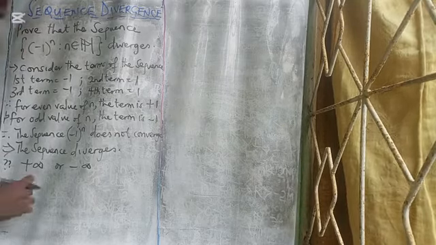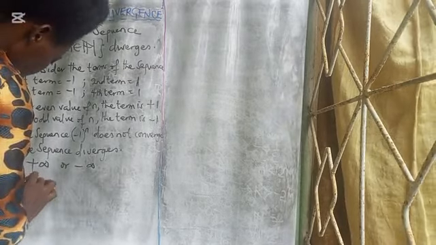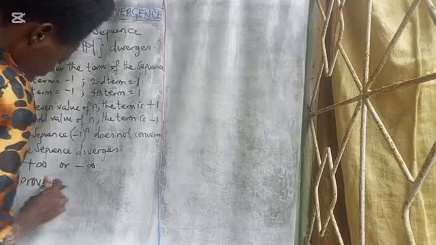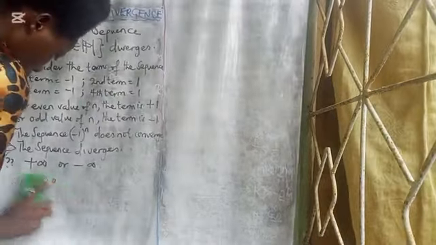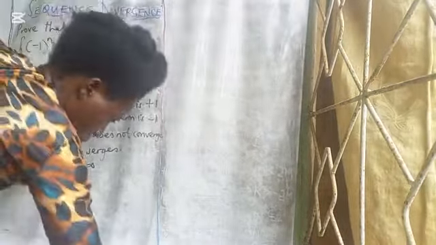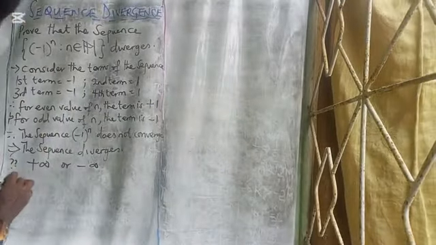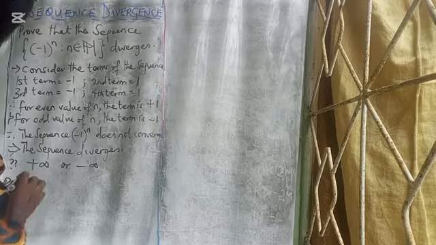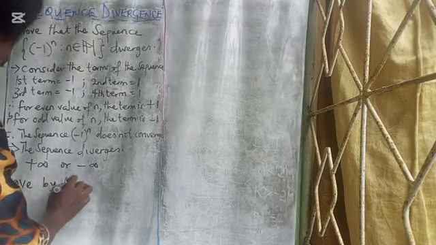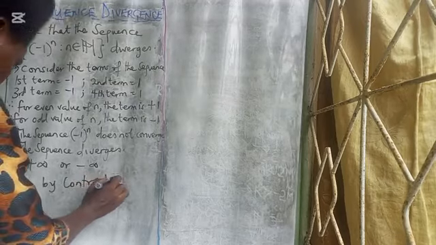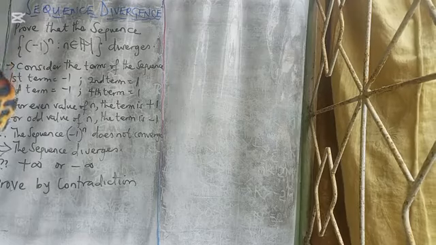Prove by contradiction. Therefore, we need to prove by contradiction. We want to prove by contradiction.